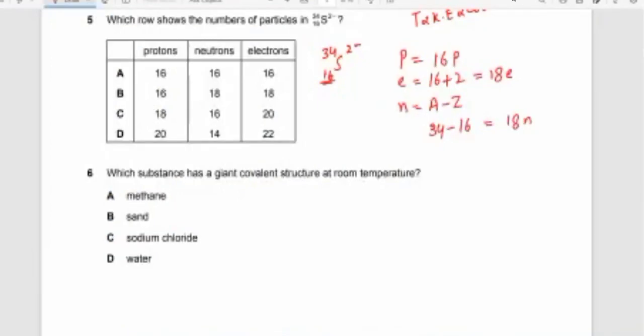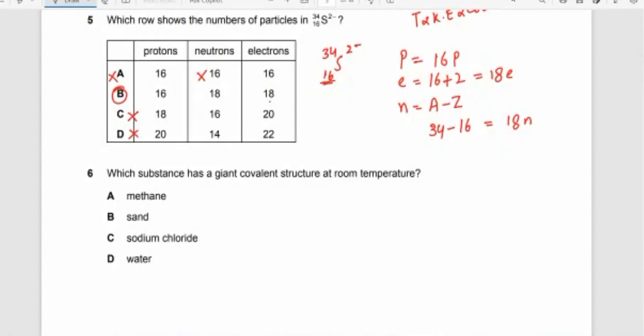Protons are 16, it's okay. Protons can never be 18 or 20, because the proton number does not change. Then neutrons are 18, this is going right, and electrons are also 18. Neutrons are not 16, they are 18, so this is also wrong, so option B is correct.